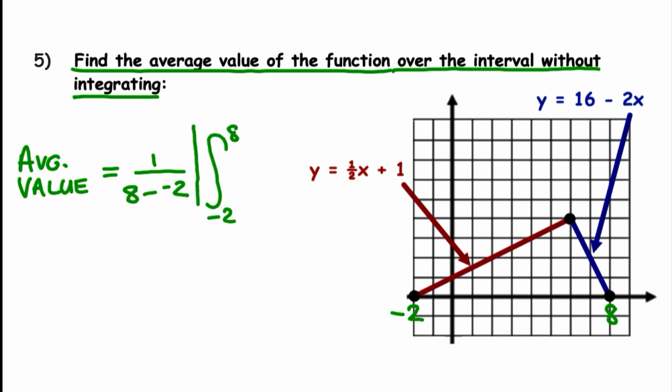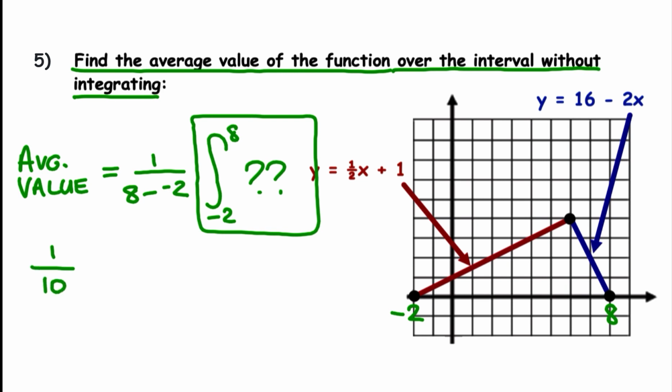Whoa. Without integrating. Well, that kind of throws a damper on my plans. Dang. Well, I do have a 1/10 out front. But how am I supposed to solve this if I can't integrate? Oh, wait a second. I know.